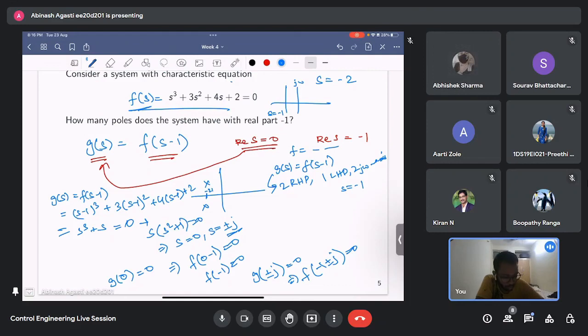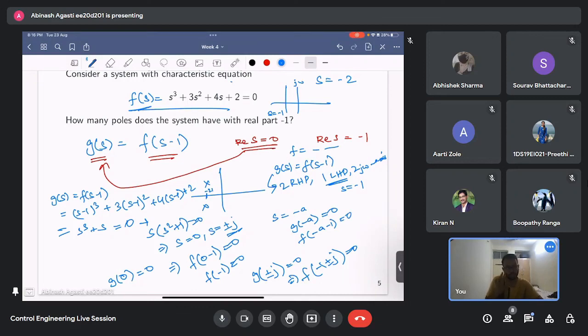Yes. Okay. Now if I have a left half plane root for g, meaning s is equal to say minus a, okay. g of minus a is a root for g. Okay, that is the left half plane root for g. So what does this mean? f of minus a minus 1 is equal to 0.